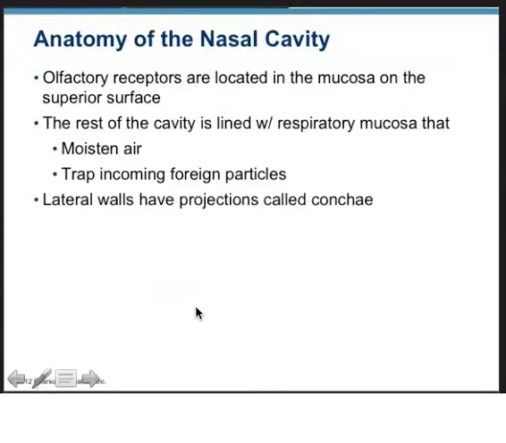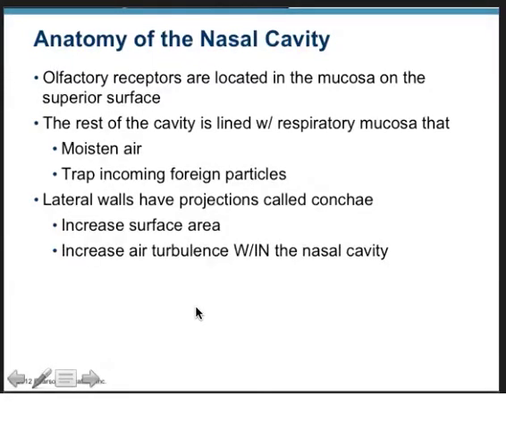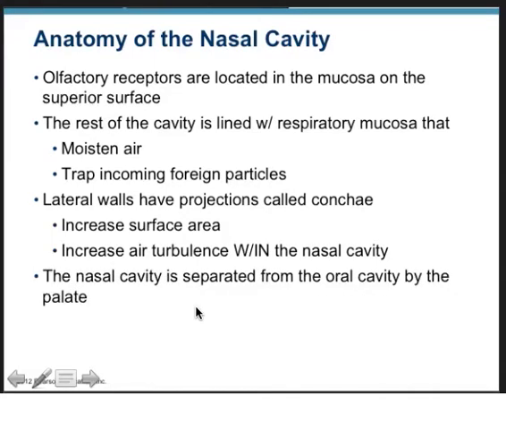The lateral walls have projections that are called conchae that increase the surface area, so this allows the air that you breathe into the nasal cavity to have more contact with these membranes, and it also increases air turbulence within the nasal cavity.